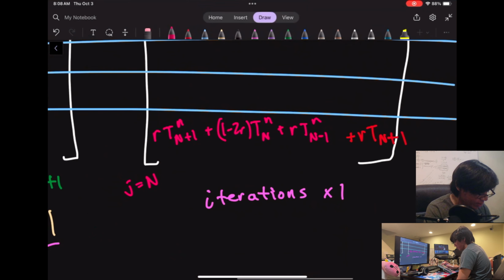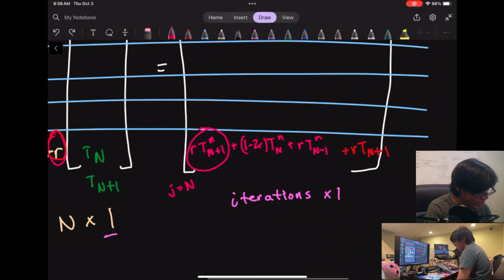So keep in mind, these are the known values that are time dependent or time independent.